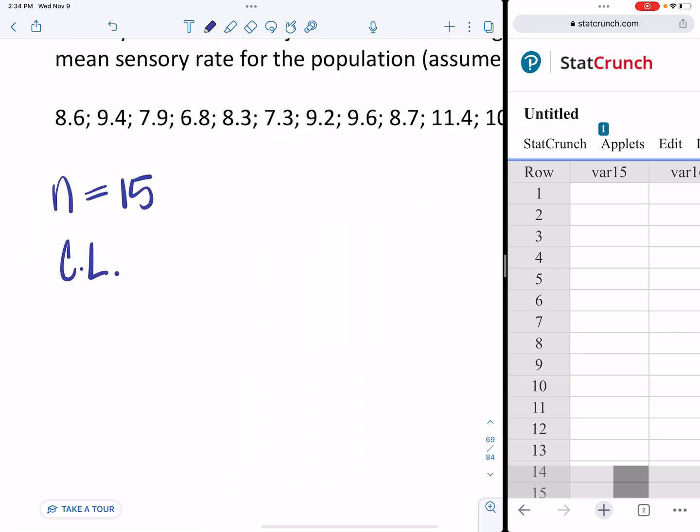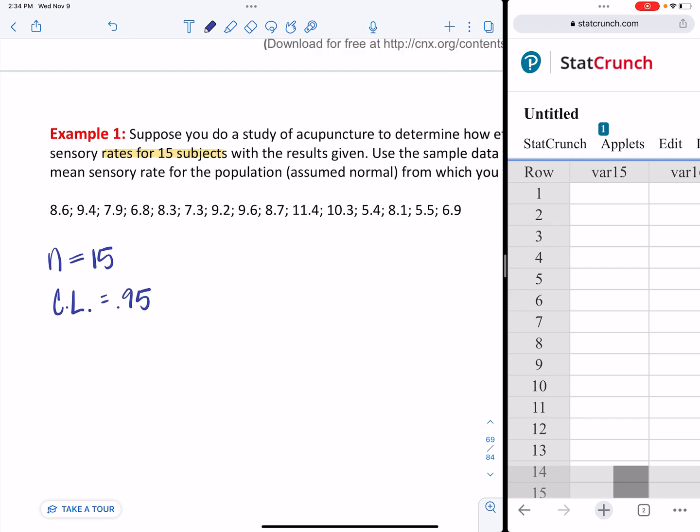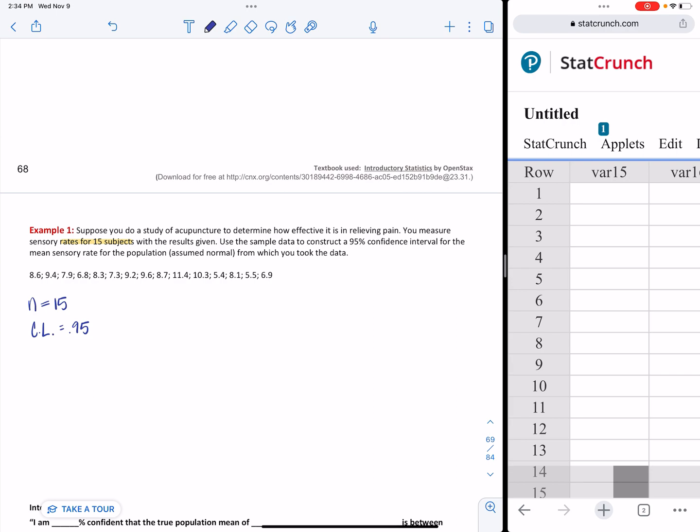So that means we want our confidence level to be 0.95. For the mean sensory rate for the population, we're assuming it's normal, from which you took the data. So we have n, we have a sample size. We have the confidence level, 0.95. And then the only other thing we have is this big old string of data.